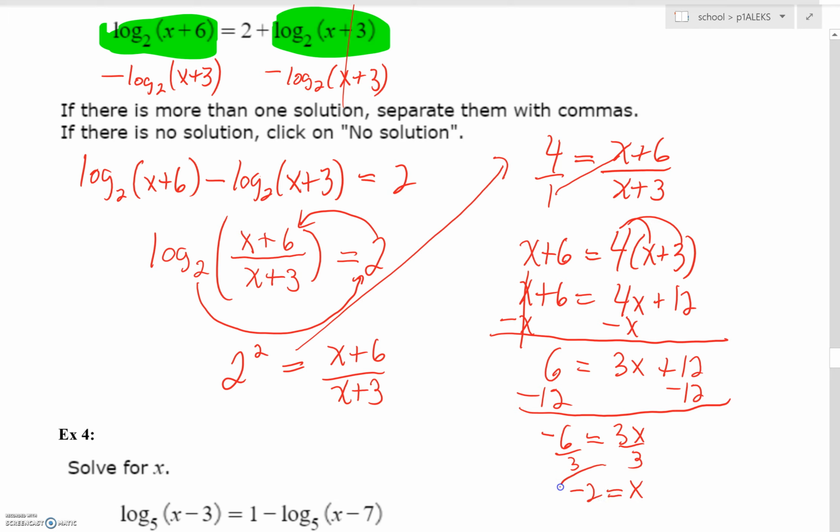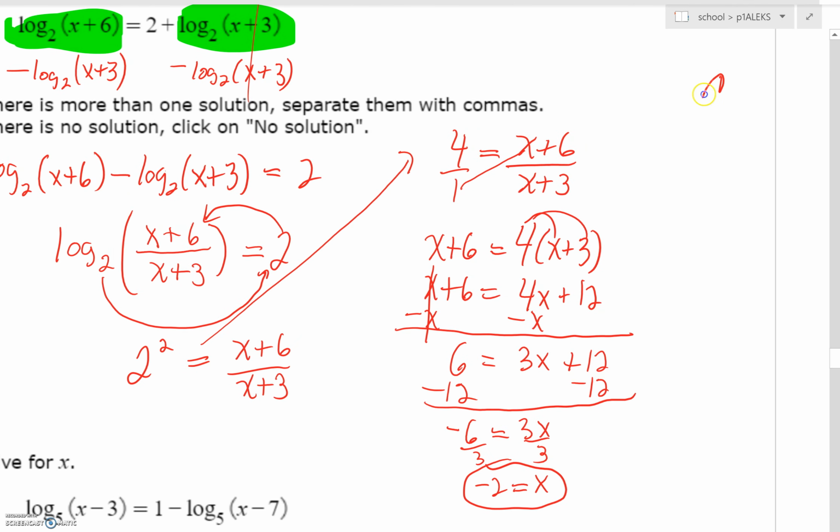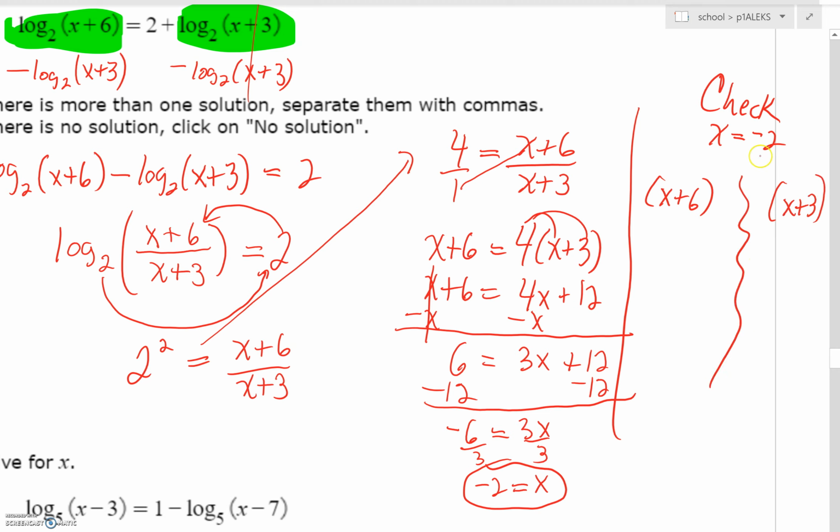Now, if there's an answer, it's negative 2, we've got to be very careful. We have 2 logs that we're going to have to check. So I'm going to write the check over here. And we know that we solved to get x equals negative 2, but I've got to take a look at x plus 6, and I've got to take a look at x plus 3.